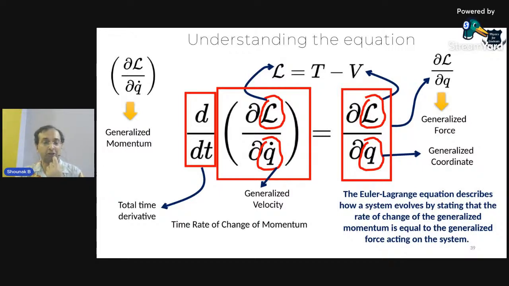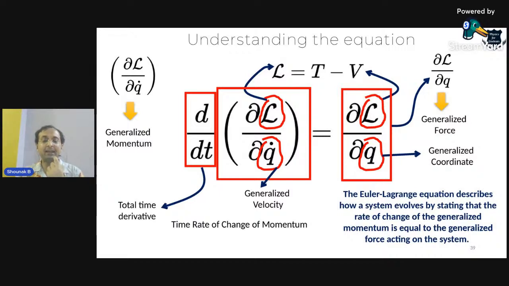And q dot is the generalized velocity. It is simple, the velocity which we know, dq by dt, the time derivative of q i, because it represents the velocity associated with a generalized coordinate. So everything changes: momentum becomes generalized momentum, velocity becomes generalized velocity, and force becomes generalized force.